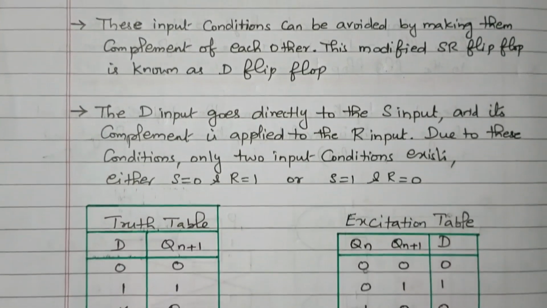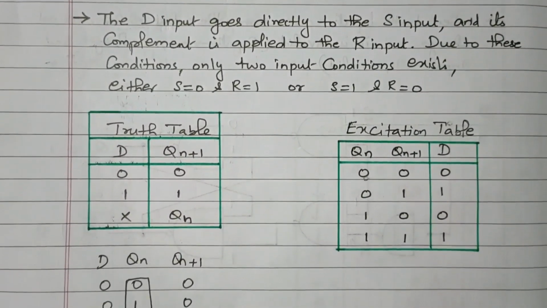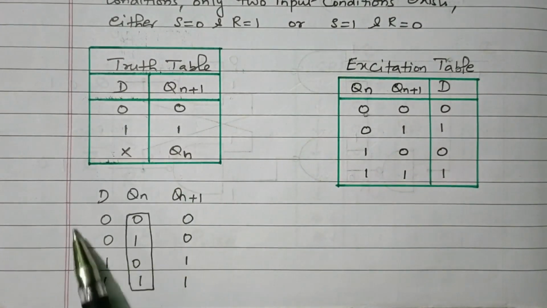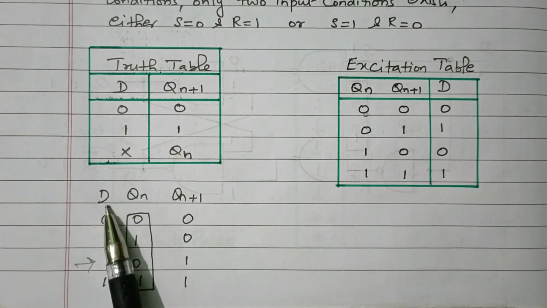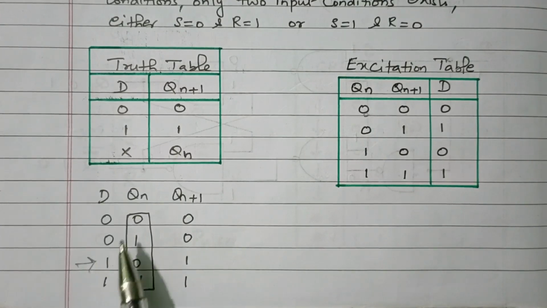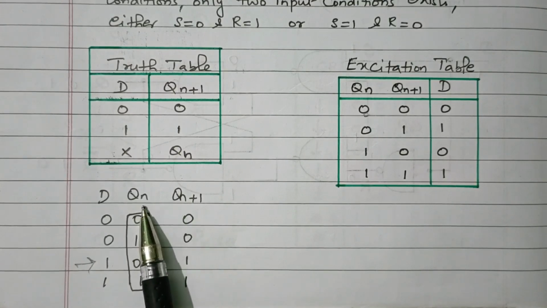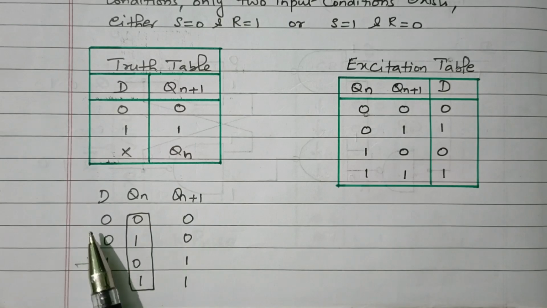Now we'll see the truth table followed by the excitation table. So this is the truth table. Before that we'll see this. This is the input, the D input. This is the present state. This is the next state. We already said the next state depends upon the present state and input, because this is a storage element. Always one input and one output is available.